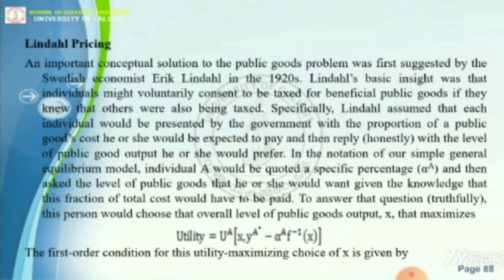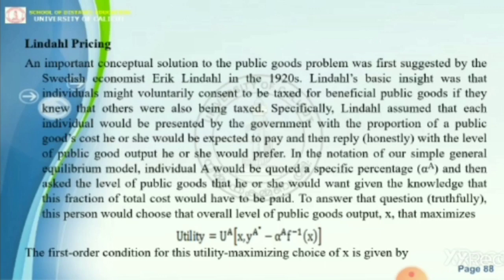Specifically, Lindahl assumed that each individual would be presented by the government with the proportion of a public good's cost he or she would be expected to pay, and then reply, that is honestly reply, with the level of public good output he or she would prefer. In the notation of our simple general equilibrium model, individual A would be quoted a specific percentage, that is alpha A, and then asked the level of public good that he or she would want, given the knowledge that this fraction of total cost would have to be paid.